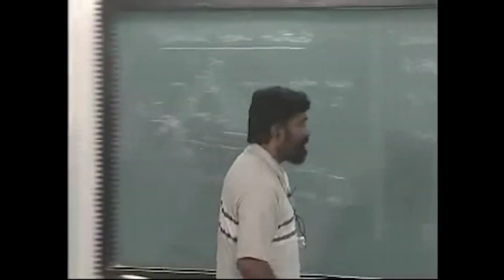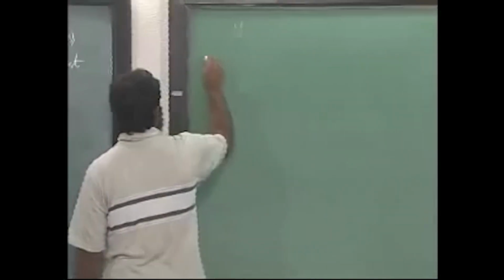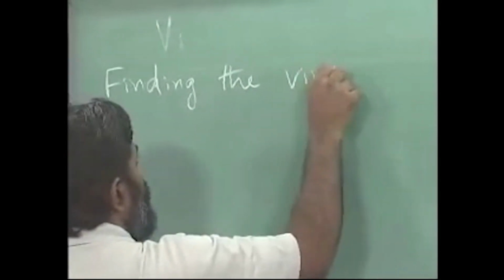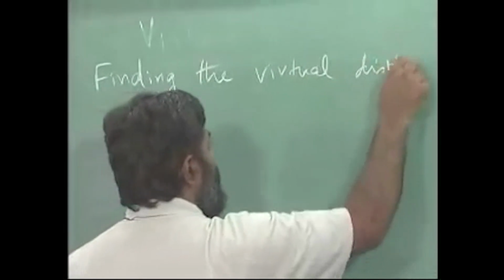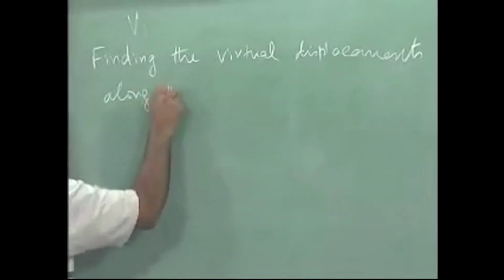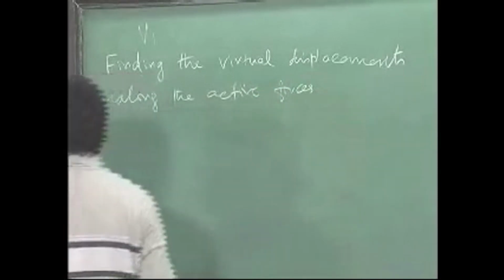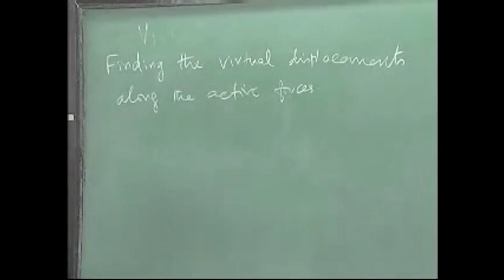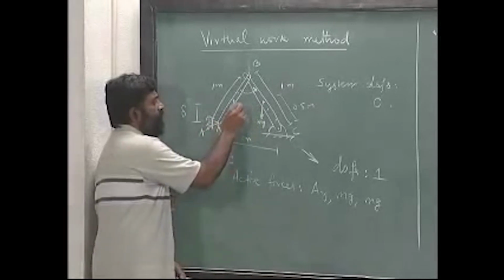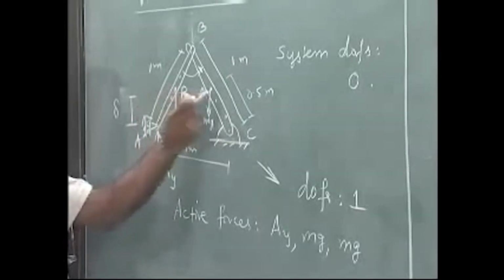So, the next set of values that I need to find out are the virtual displacements along the active forces. Once I know that, it is pretty simple. Let me just name these. Let us say this is P, this is Q. A, B, C, P, Q.